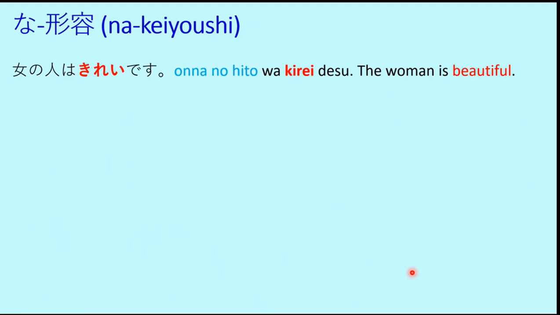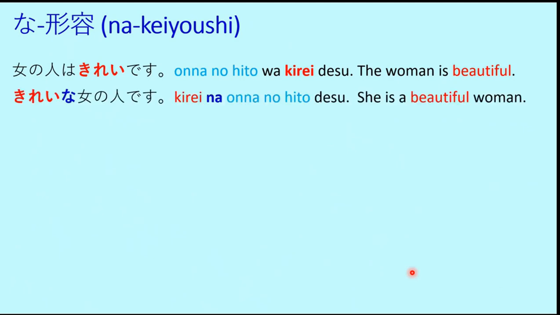Now it will be clear if we look at some examples. The first one is onna no hito wa kirei desu. The woman is beautiful. Here there is no na; this is a normal sentence. Now, if we want to convert it into she is a beautiful woman, then it will be kirei na onna no hito desu. Now recall that in i adjectives, there was nothing in between the adjective and the noun.